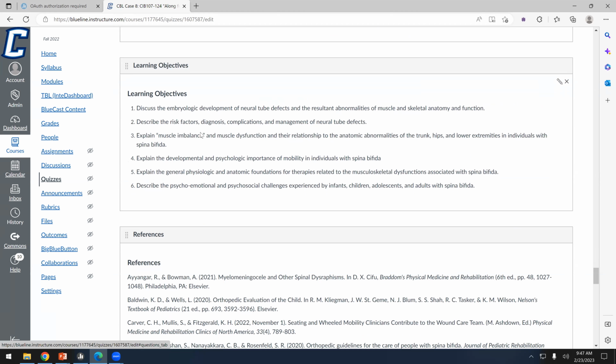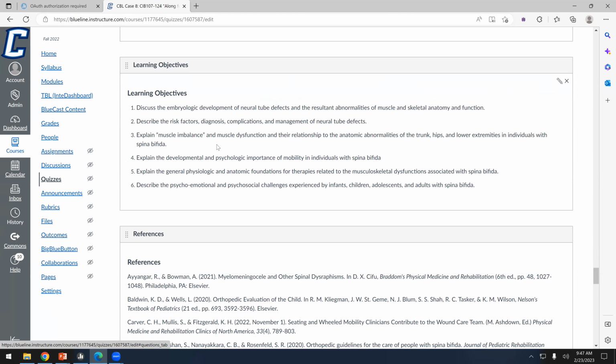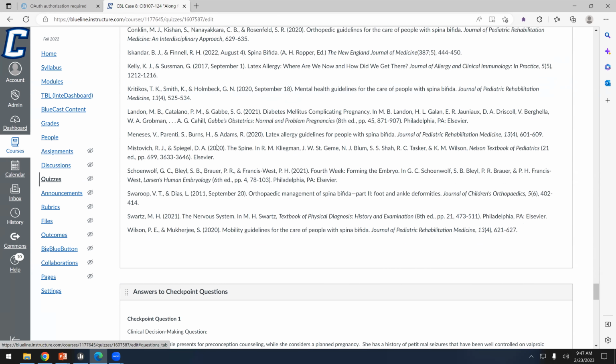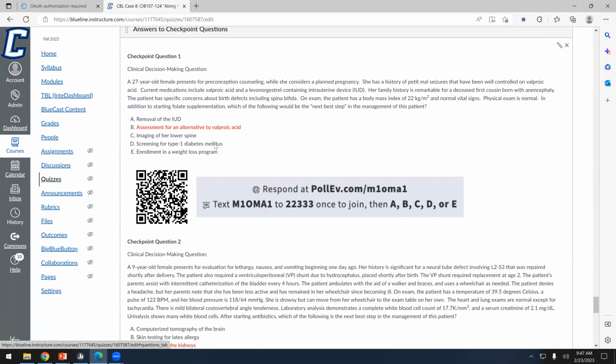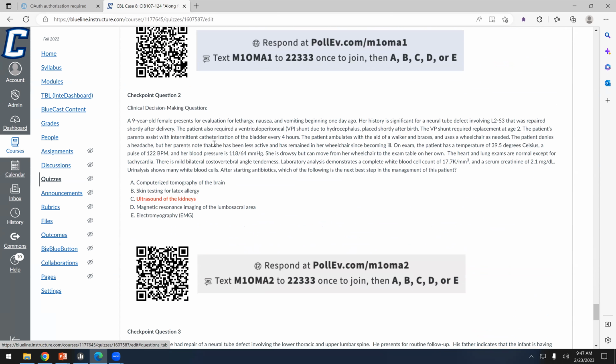And then the students get the learning objectives at the end, and all of the references and answers to the checkpoint questions are provided, because the students want to know what the correct answer is, as medical students do. It's really difficult to move our students away from having to know the right answer all the time.